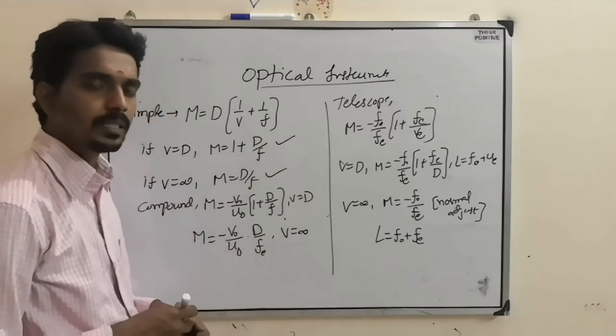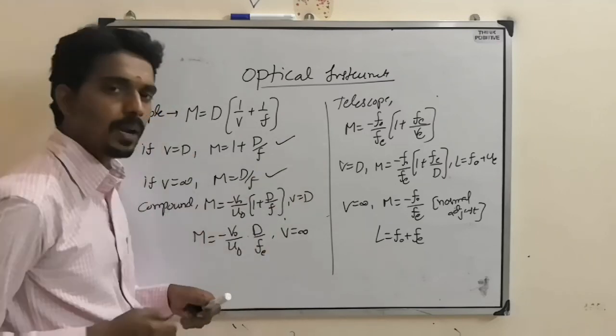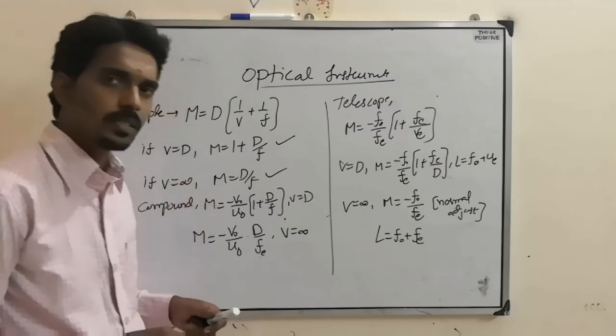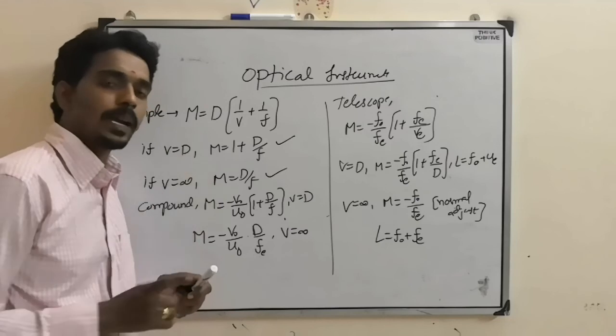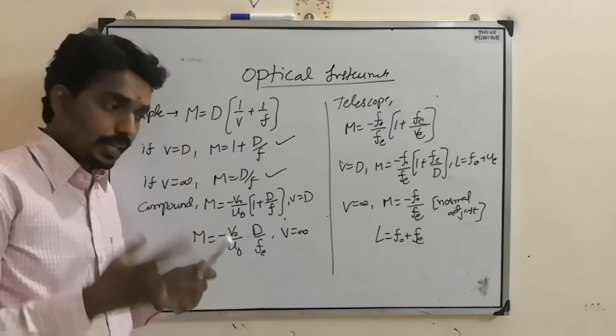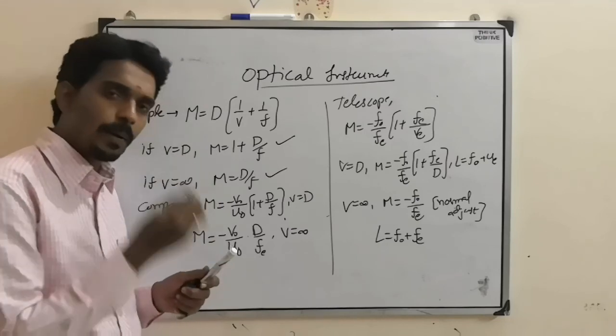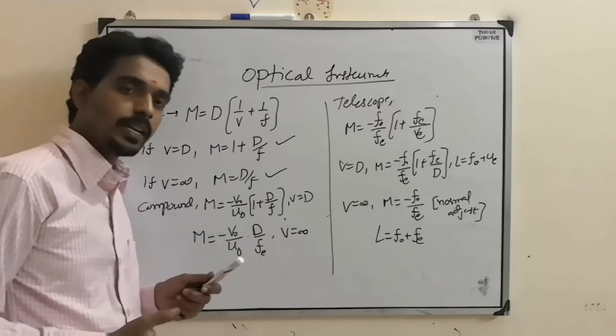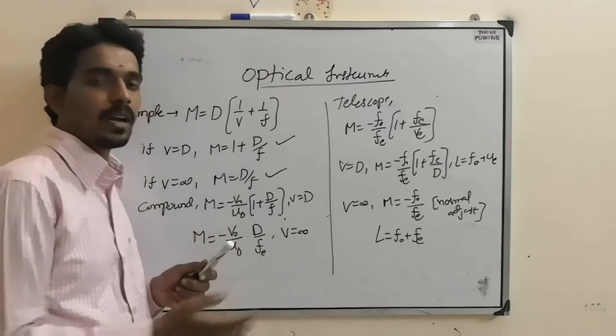What is the magnification of a simple microscope? Simple microscope means only one convex lens, so it will do magnification only once. But we need to observe a few microparticles, so we need more magnification. That's why they arranged a combination of two convex lenses.